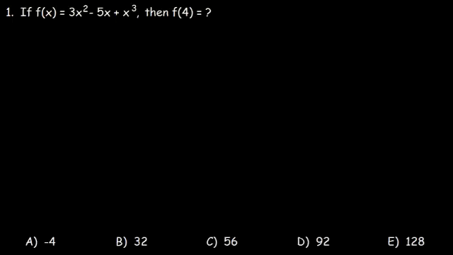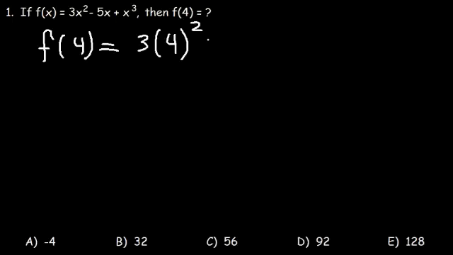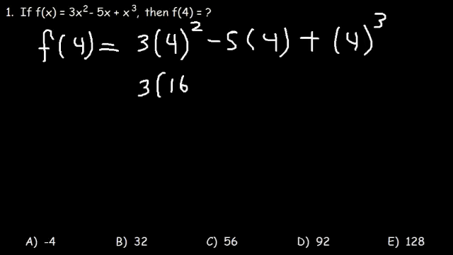But let's begin. If you want to find f of 4, all you need to do is substitute x with 4. So everywhere we see an x value, we're going to replace x with 4. Now we just have to do some math. 4 squared, that's 4 times 4, which is 16. 5 times 4 is 20.